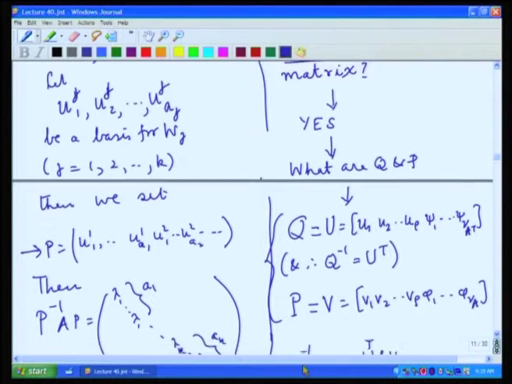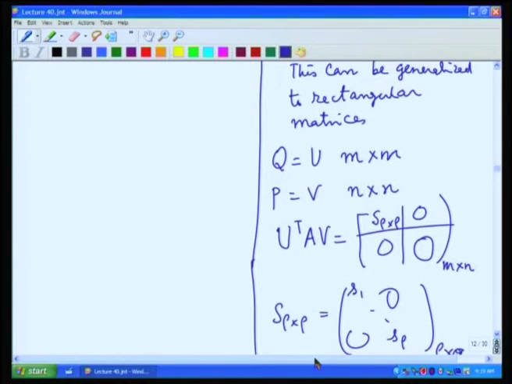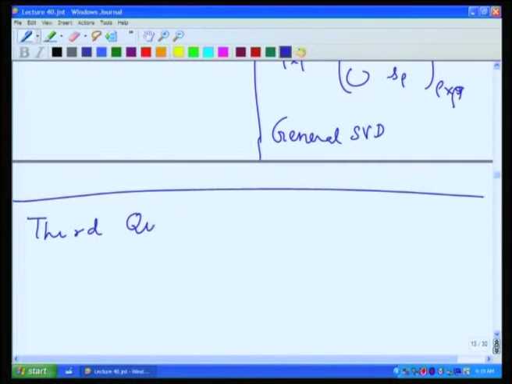And then we said that this could also be generalized to rectangular matrices, and we can get the general singular value decomposition even for rectangular matrices. So, we have the complete set of answers for the entire set of questions in the second series of questions.